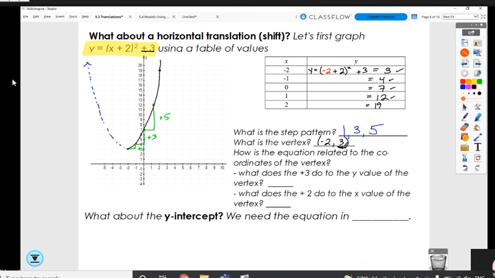But our vertex says minus 2. That's interesting. The plus 3 to the value of the vertex makes it go up 3 units. What is the plus 2 doing to the x value? Well, for some reason it went left 2 units.